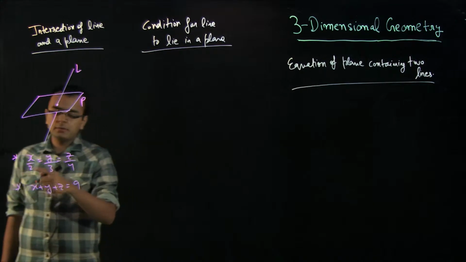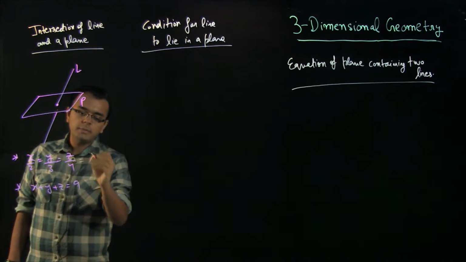The easiest way to think about this is you have to find a common point. So you express the coordinates of x, y, and z in terms of lambda. We have done this many times.